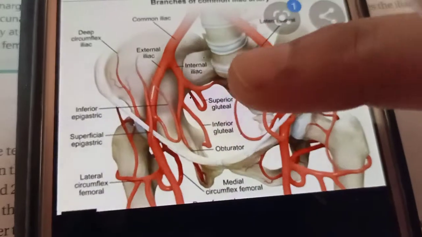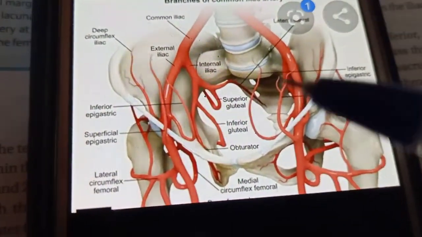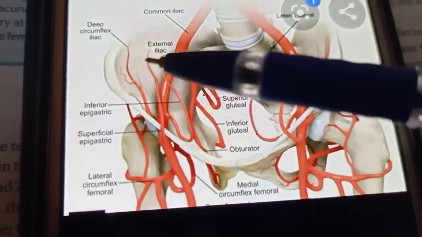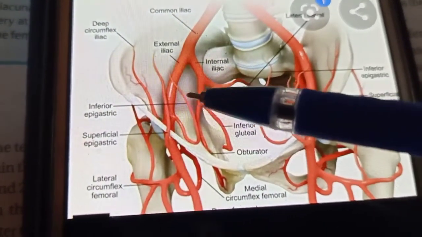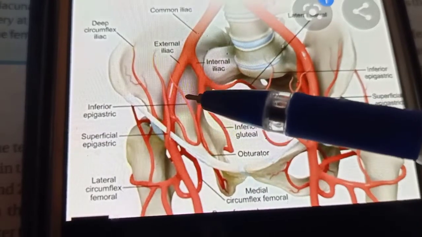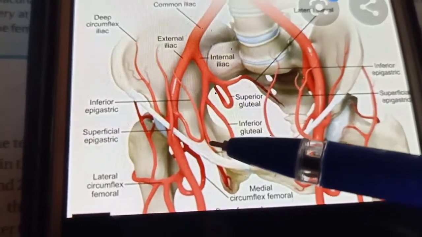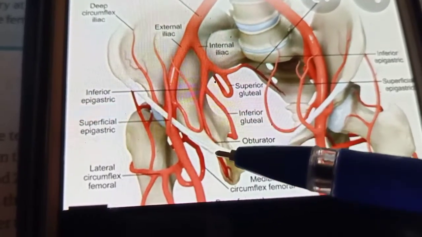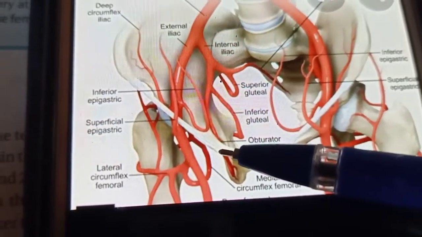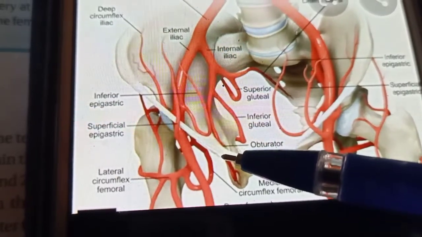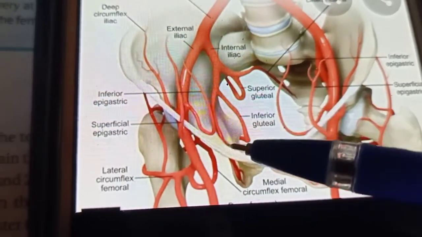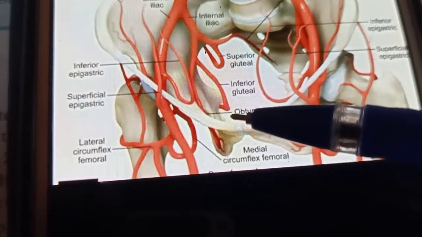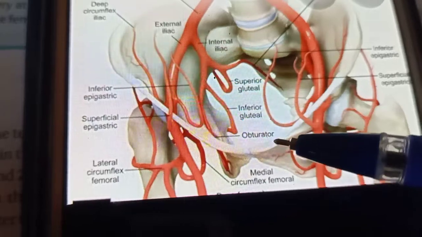Now this pubic branch of the obturator artery anastomoses with the pubic branch of the inferior epigastric artery, and sometimes this anastomosis is so large that we feel that the obturator artery appears to be the branch of the inferior epigastric artery, but this is abnormal obturator artery and the percentage is just 20 to 25%.